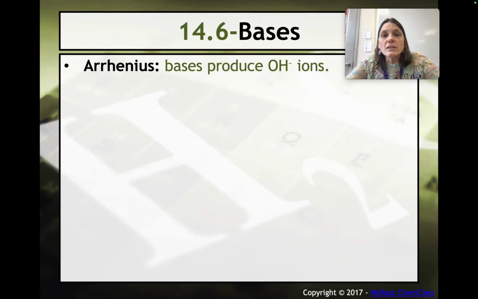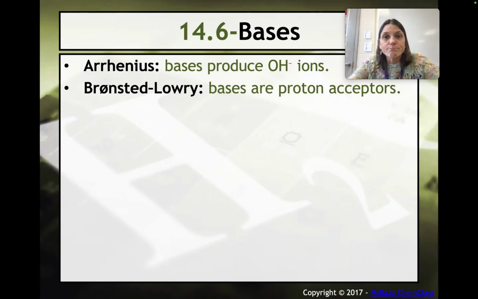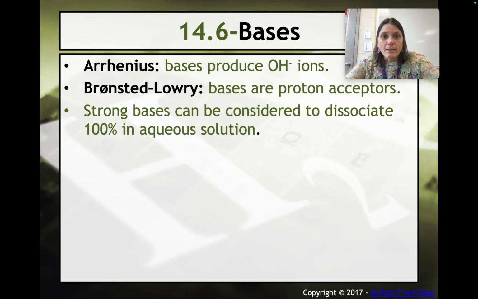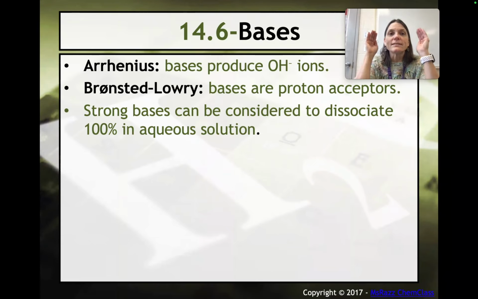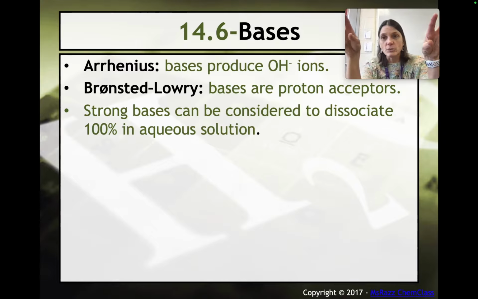So strong acids and strong bases. The Arrhenius definition: strong bases produce an OH minus ion. Bronsted-Lowry: strong bases are proton acceptors. Give me that proton. Strong bases, just like a strong acid, have 100% dissociation. So we're going to assume that a strong base goes completely to cation and OH minus.